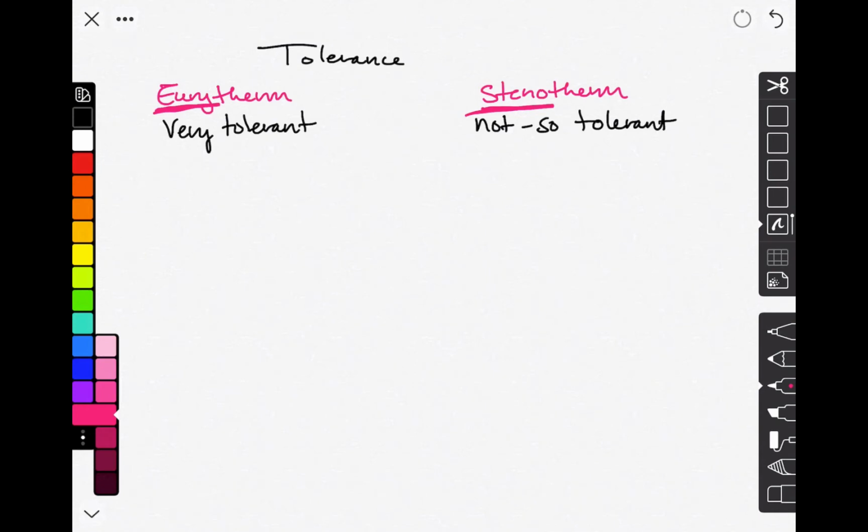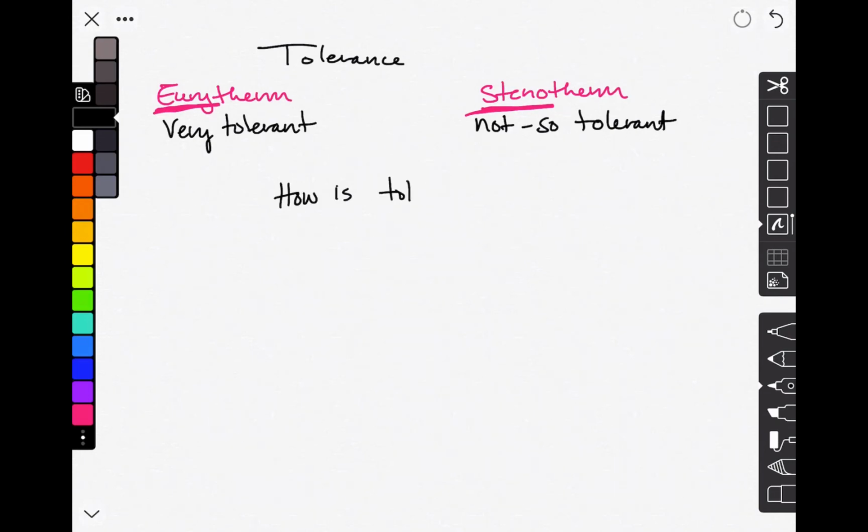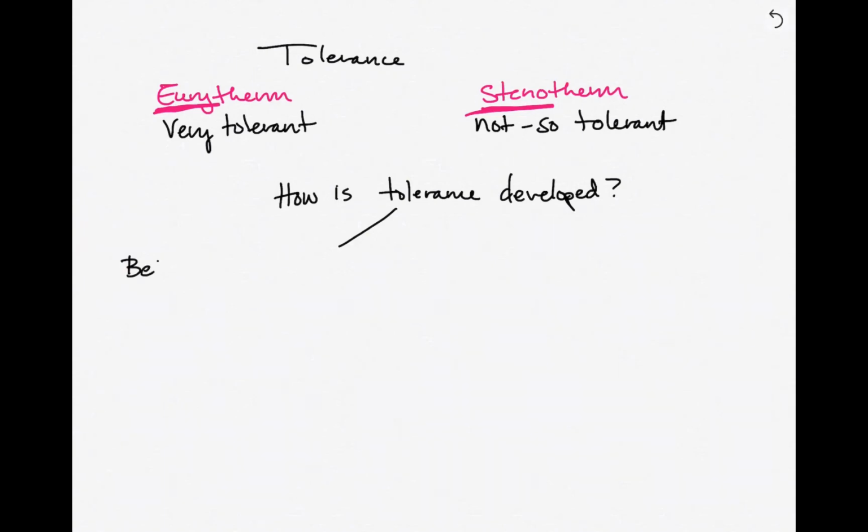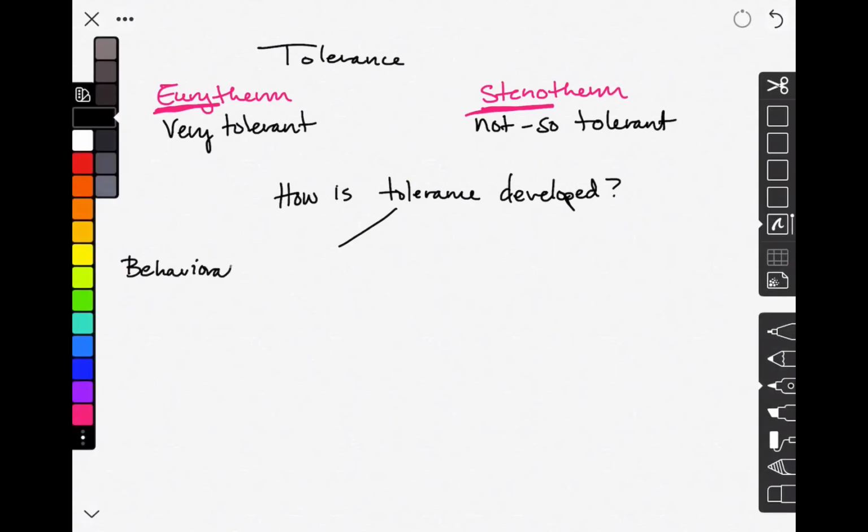Okay, so how is tolerance developed? This can fall into two categories: behavioral adaptations or physiological adaptations.